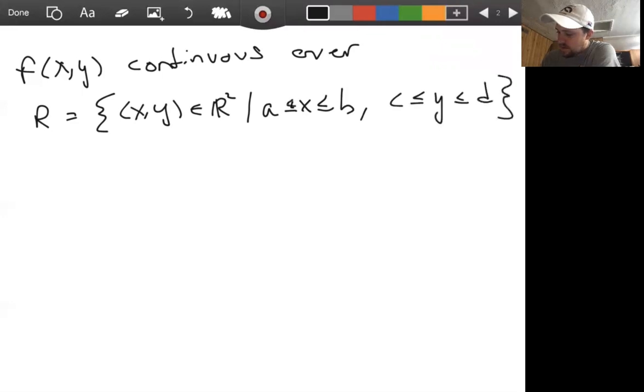So we get something like this. And we're going to introduce some new notation here. We're going to use the Cartesian product, and we write this region R as [a, b] cross [c, d].